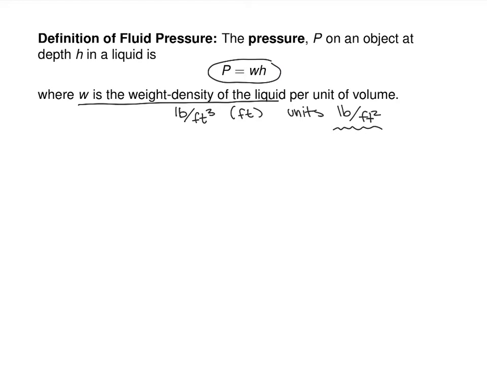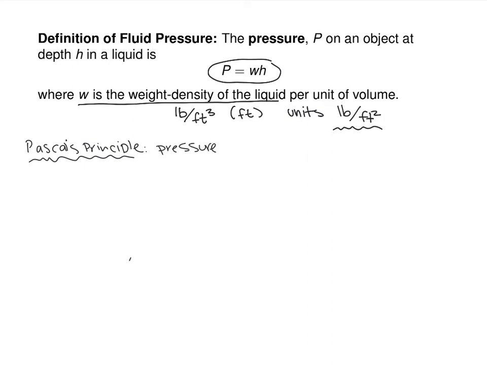A principle that we will be using to start this process is called Pascal's principle. This says that the pressure exerted by a fluid at a specific depth is the same in all directions. So let's write that down.